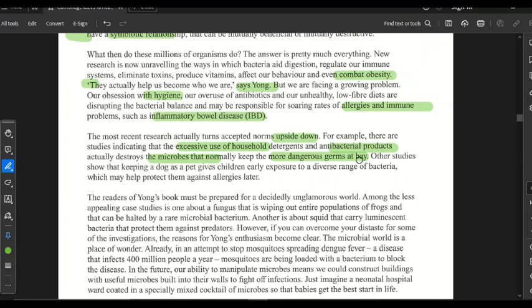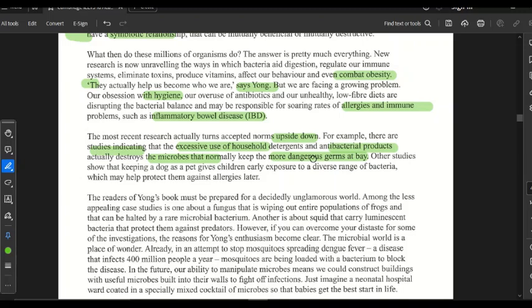It is trying to indicate to us that studies show that detergents and antimicrobial products usually destroy microbes that normally keep the dangerous ones at bay. So we have microbes that protect our body.